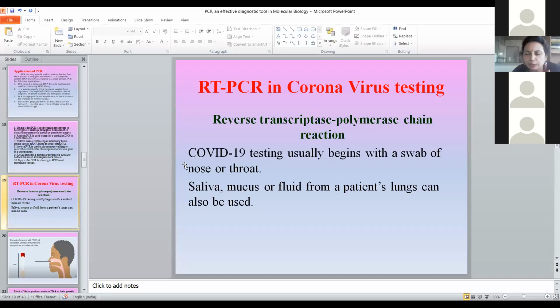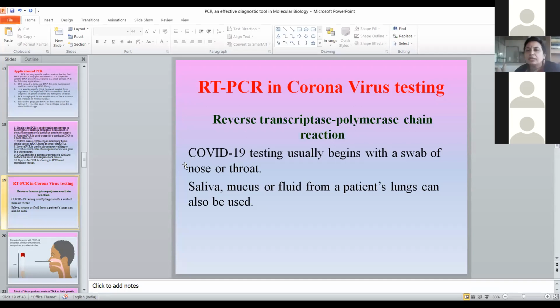We add the dNTPs, we add the Taq polymerase, we add the buffer, everything, and put this tube into the PCR machine and set up the machine. You have to set up step 1, what temperature? Step 2, what temperature? Step 3, what temperature? Then you will order the machine how many cycles you have to carry out. And at the end, you get the amplified DNA.